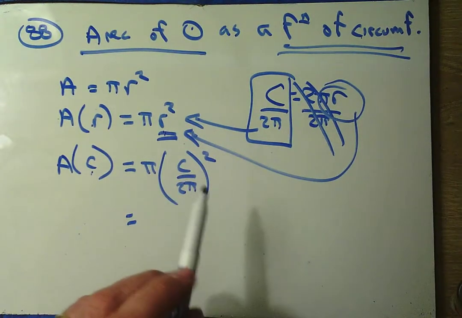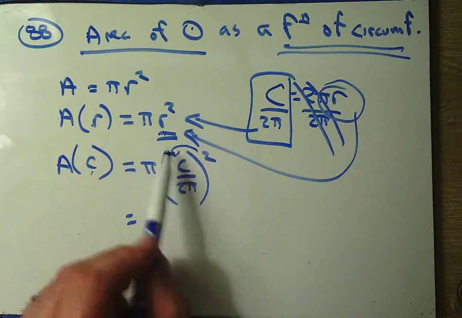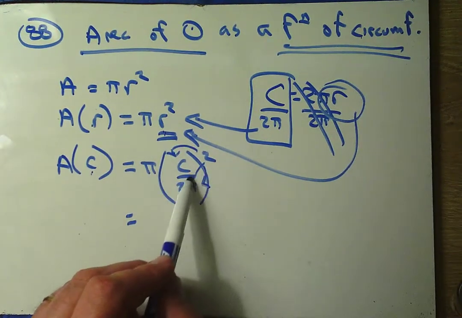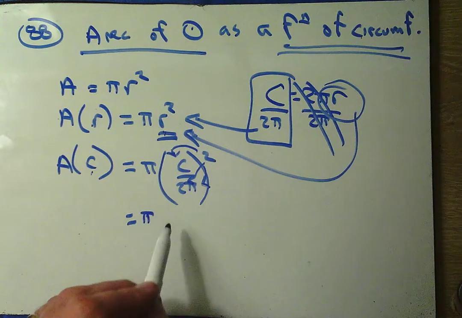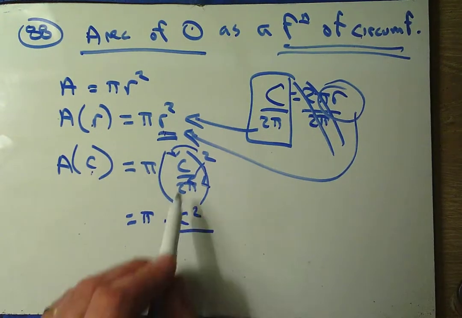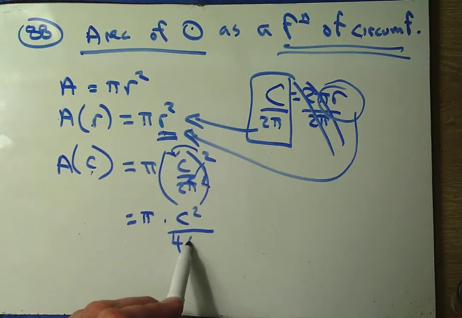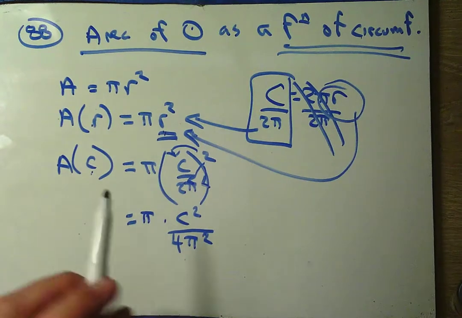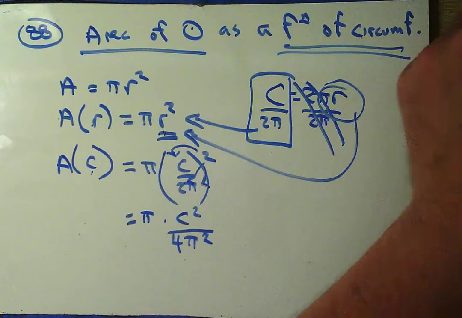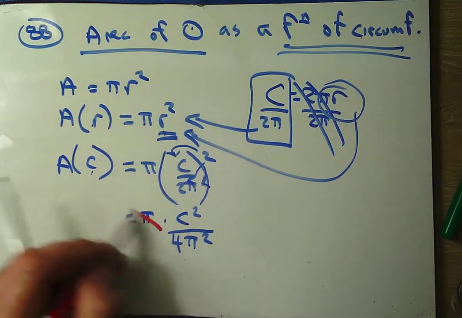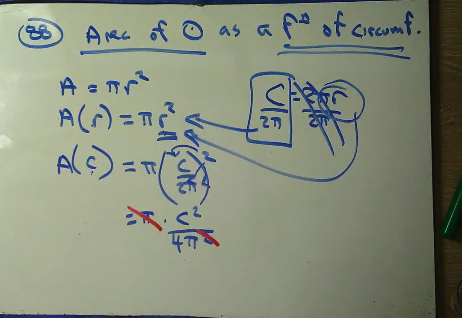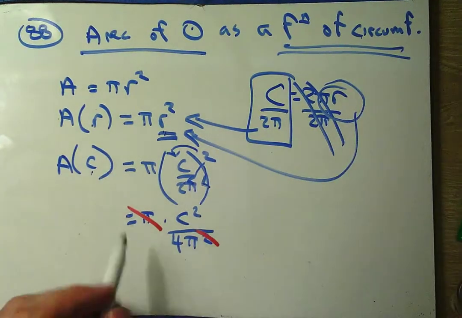Now, like we learned in the Algebra Basics unit, we're going to apply this exponent to each of these objects. C squared, 2 squared is 4, pi squared. I notice on the diagonal that I've got a pi up here and a pi squared here. So I can cancel a pi out.